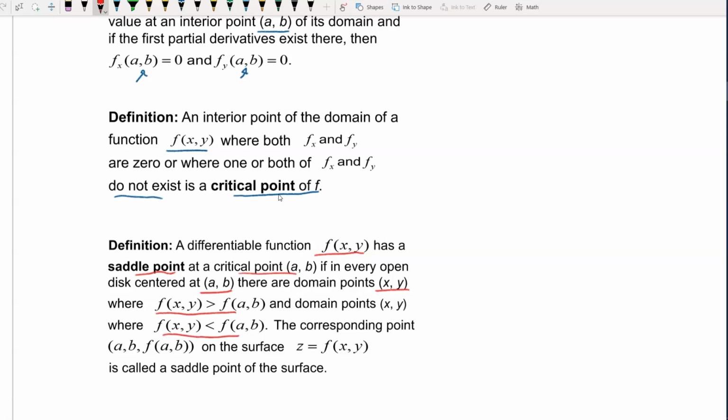The corresponding point a, b, f of a, b on the surface z equals f of x, y is called a saddle point of the surface.